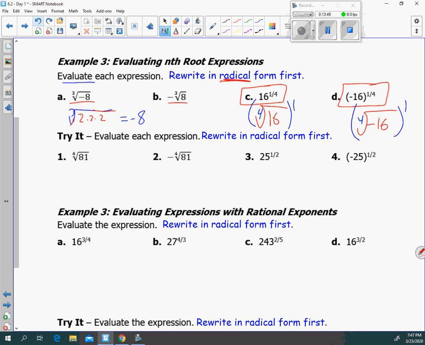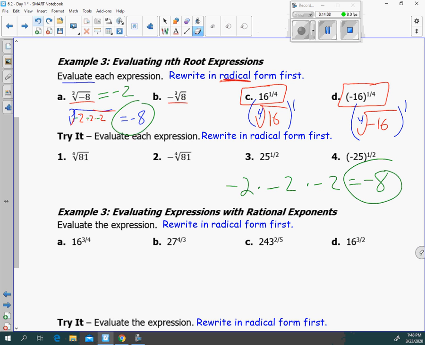And so then if I just tack on negatives on those, it's going to give me that answer that I want. So the answer to this one is negative 2, because negative 2 times negative 2 is 4. 4 times negative 2 gives me negative 8, and that's what I wanted. So when it's in the radical form, I kind of think it's easier to think through.